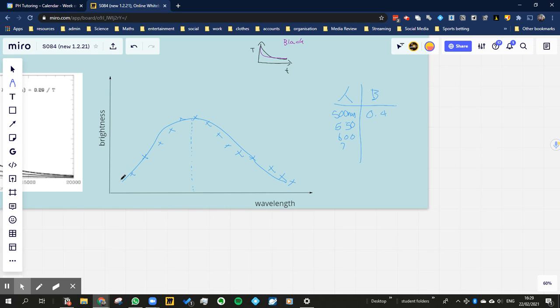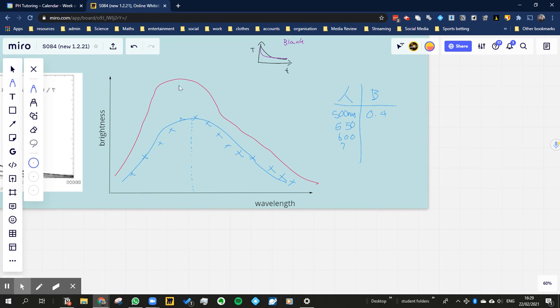And we repeat the exact same experiment, but this time we do it with a hotter object. For the hotter object, we measured all the different brightnesses for the same wavelengths, and every single time they were brighter. But on top of that, the peak for that one was shifted. The peak is shifted to the left.